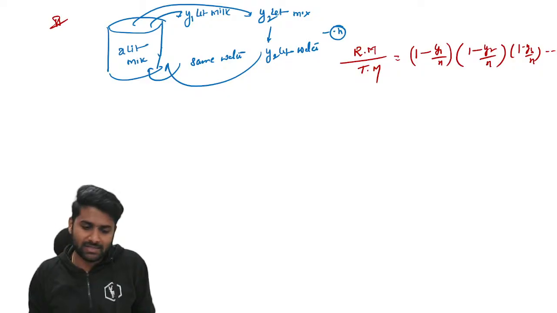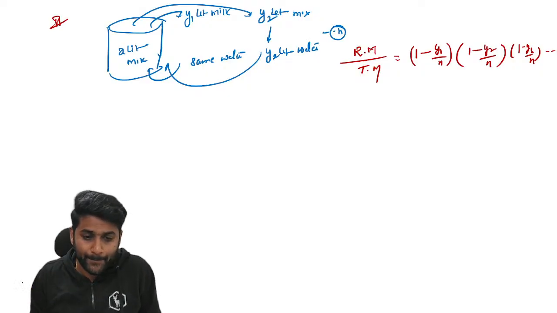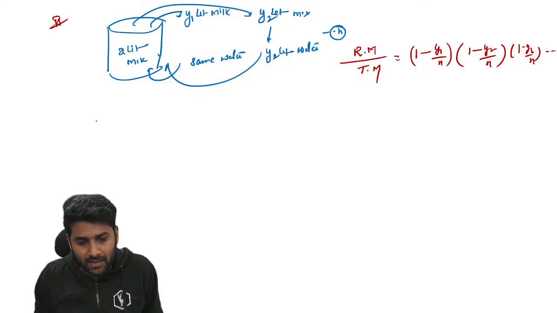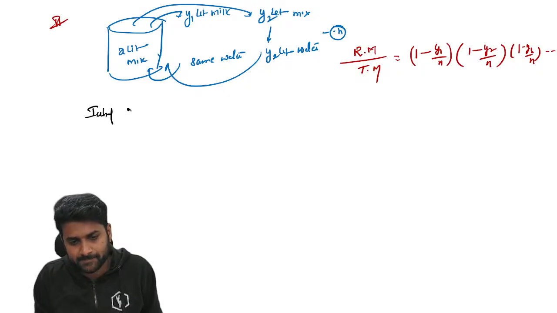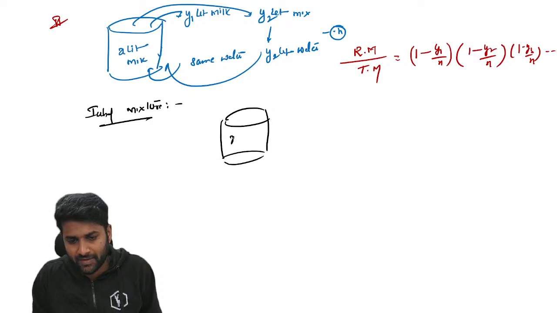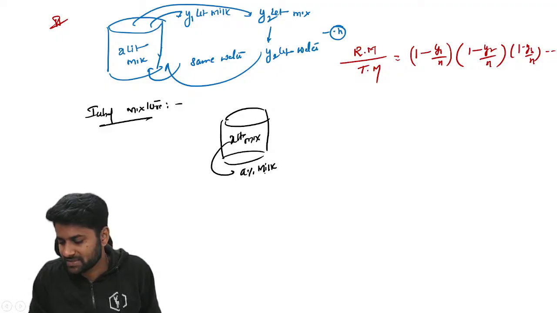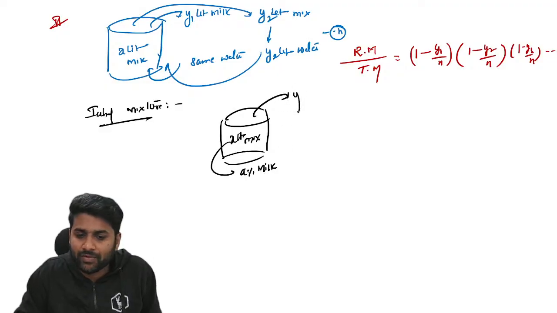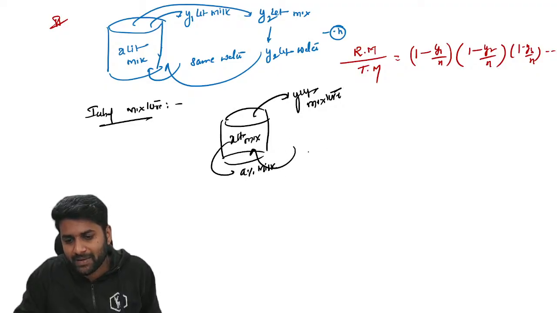So in both cases, the common point is that the initial one is pure content. If the initial one is a mixture, understand this point. In a container, we have X liters of mixture. Out of X liters of mixture, A percentage is milk, so that is the pure concentration. And we are removing Y liters of mixture directly, replacing the same amount of water, and repeating this step n times.